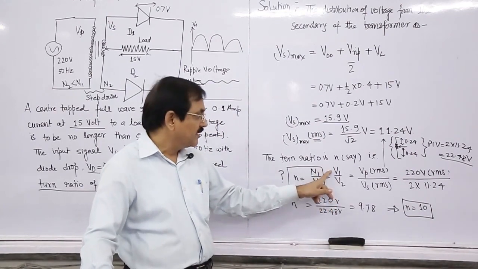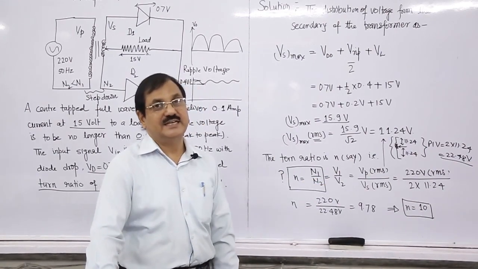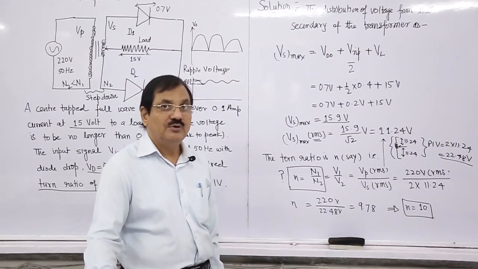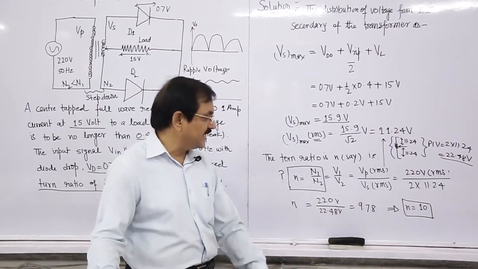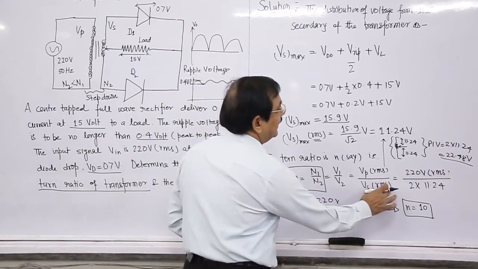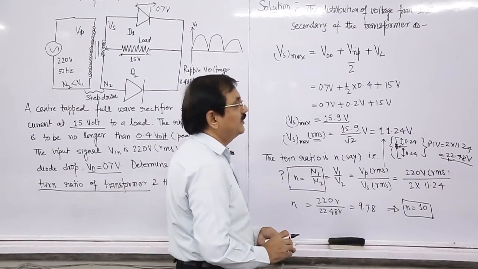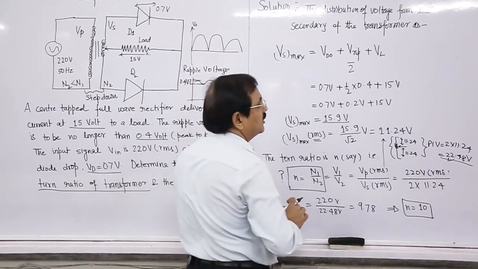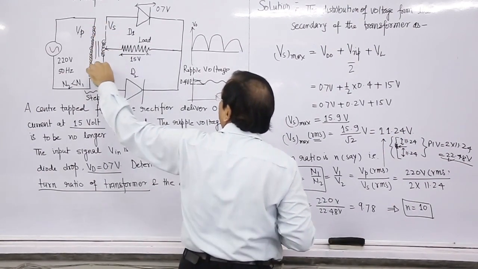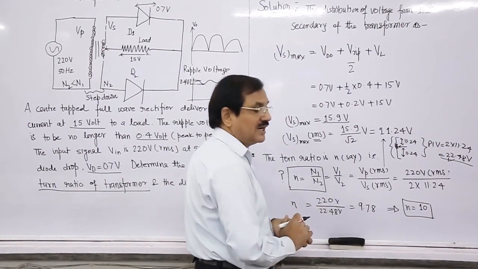V1 is the voltage across the primary coil, V2 is the voltage across the secondary coil. So V1 is the primary RMS value and V2 is the secondary RMS value. So this secondary total voltage is 22.48 volt because it is the complete drop over the secondary. So this one is VRMS.